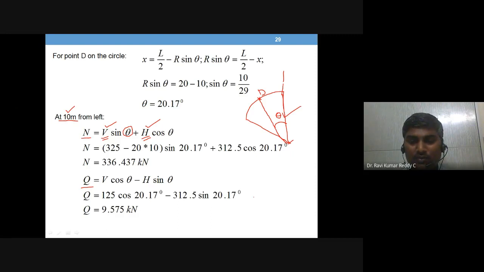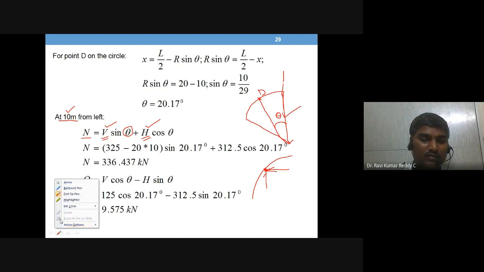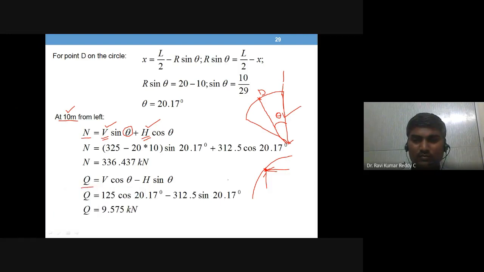Now, to write the expressions of N and Q, what did we use theta for? These are the horizontal and vertical reactions being taken, and we go with the same directions.